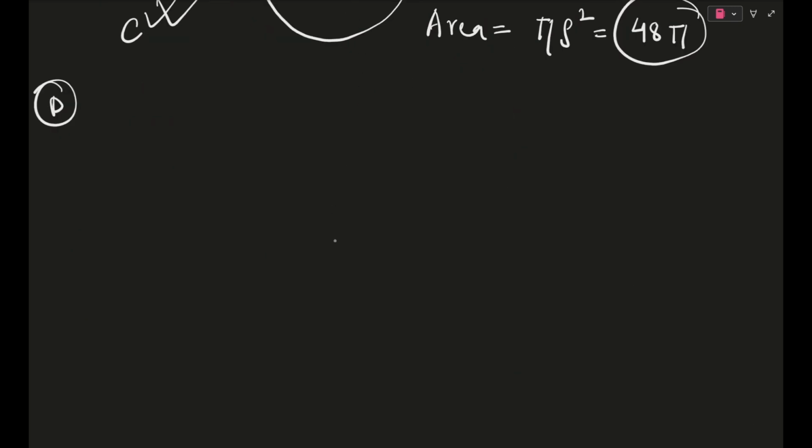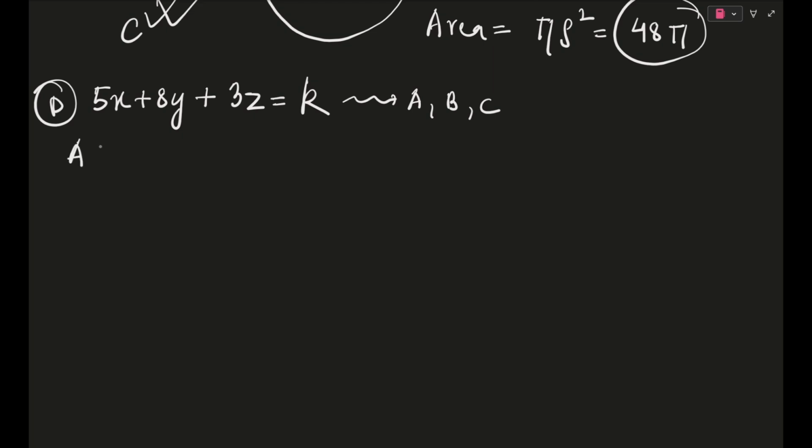Reading option D, it says a variable plane parallel to the plane P. A variable plane parallel to the plane P would be 5x plus 8y plus 3z equals some constant k. And it says that it intersects the coordinate axes at points A, B, and C. To find the points A, B, and C, for x we put the other two as 0, for y the other two as 0, and so on.